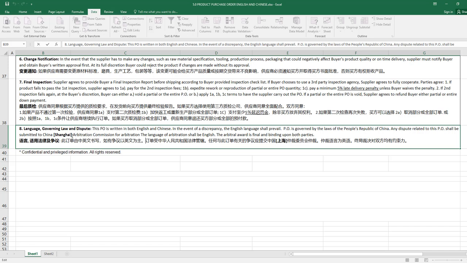And also I choose Shanghai instead of Guangdong because in Guangdong, most of the suppliers are in Guangdong. Even if I choose the Guangdong Arbitration Commission, they may still have a lot of connections. Whereas Shanghai is kind of like an independent city, very metropolitan, like the New York of the United States. People are quite modern, rich, contemporary.